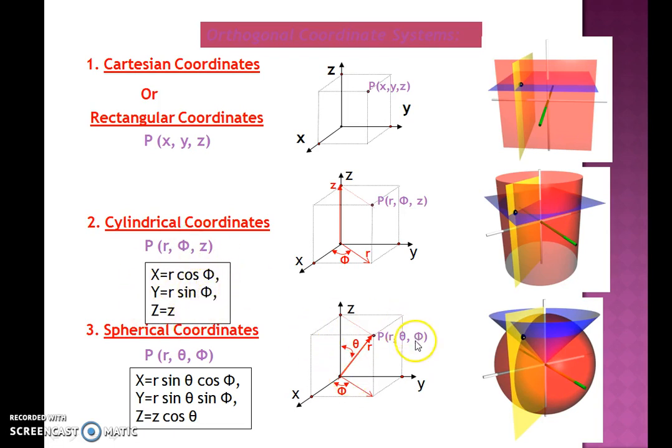Similarly, in the spherical coordinate system, the coordinates of point P become rho, theta and phi. It was already observed in previous slides and can be represented in 3D. So you can refer to these three figures to check the coordinates in the Cartesian, cylindrical and spherical coordinate systems. Okay, thank you.